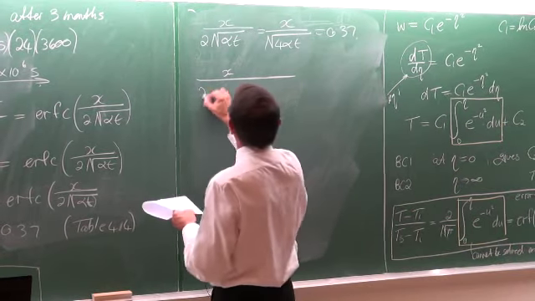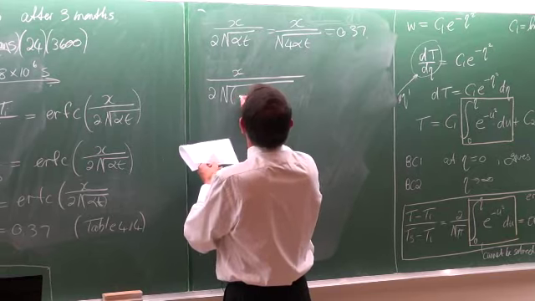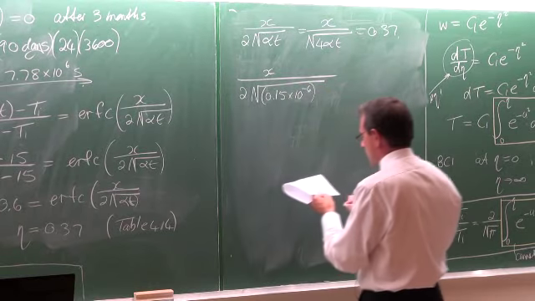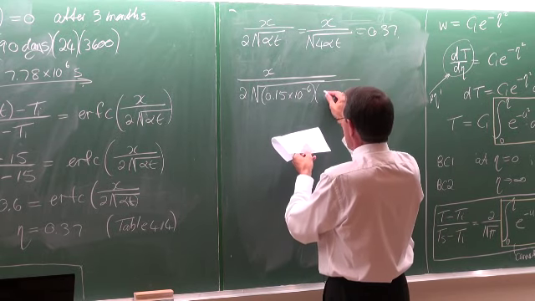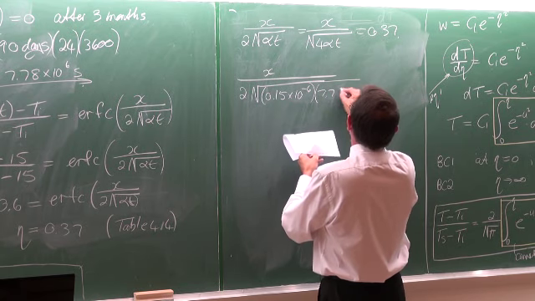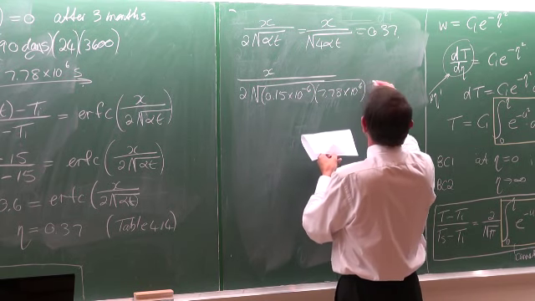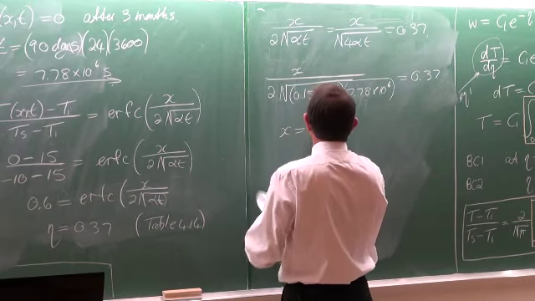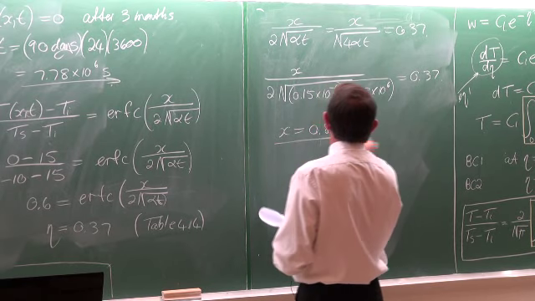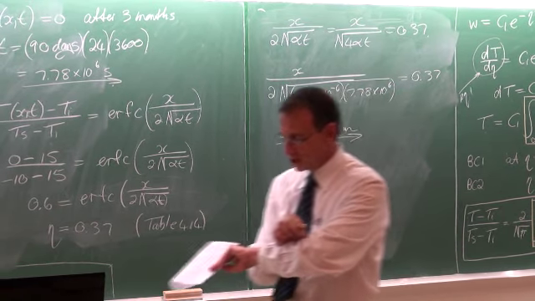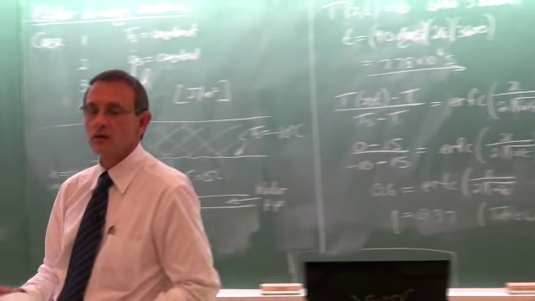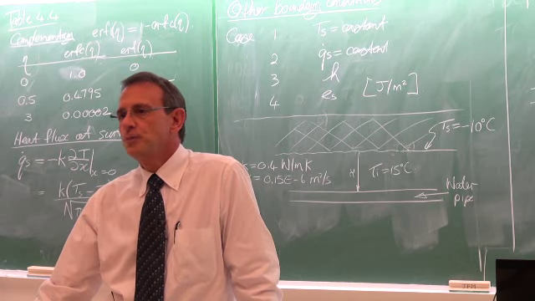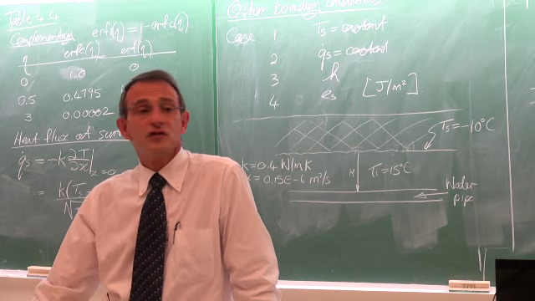X is 2 times the square root of alpha, which is equal to 0.15 × 10^-6, multiplied by the time, 3 months, 7.78 × 10^6. That should be equal to 0.37, and that gives x as 0.8 meters. So the water pipe should be at least 800 millimeters underneath the ground to ensure that the temperature doesn't drop to 0 degrees after 3 months.